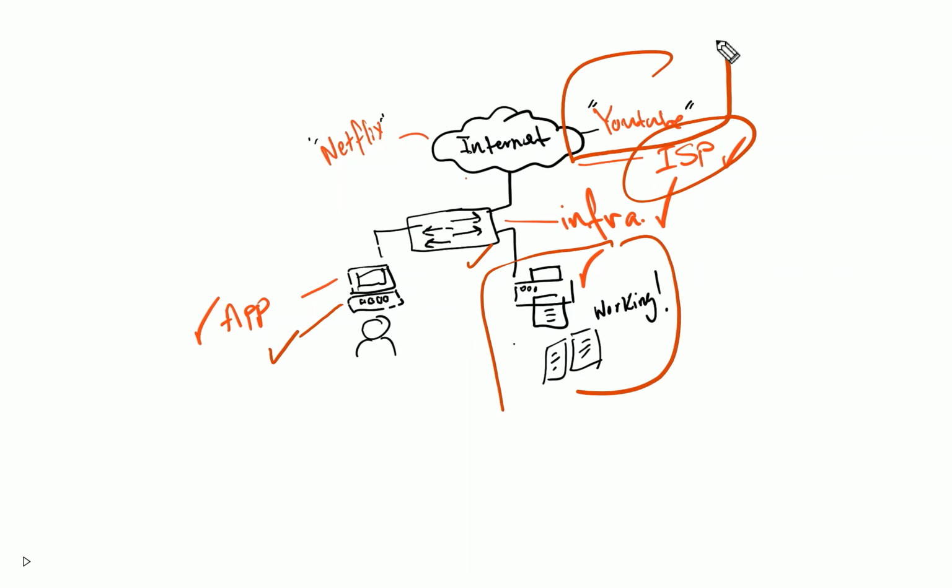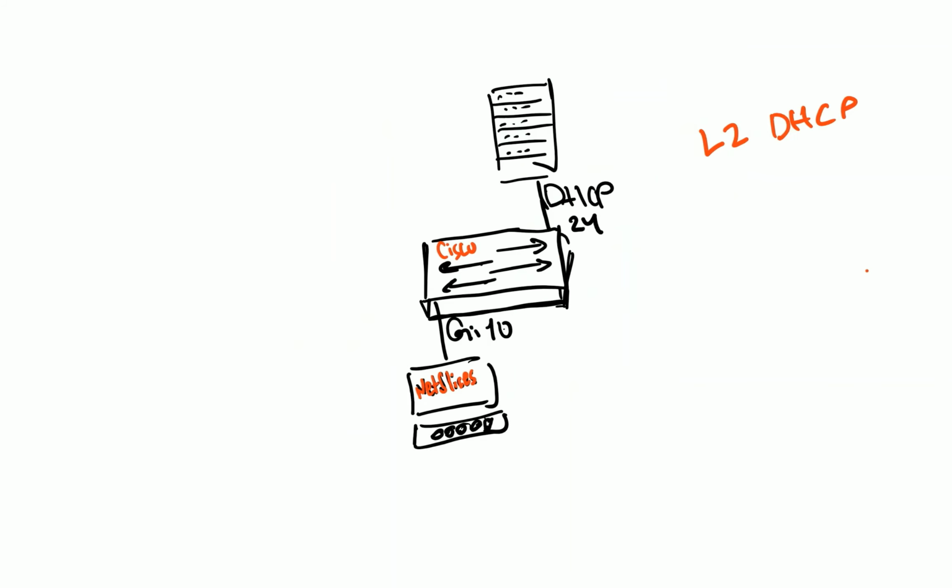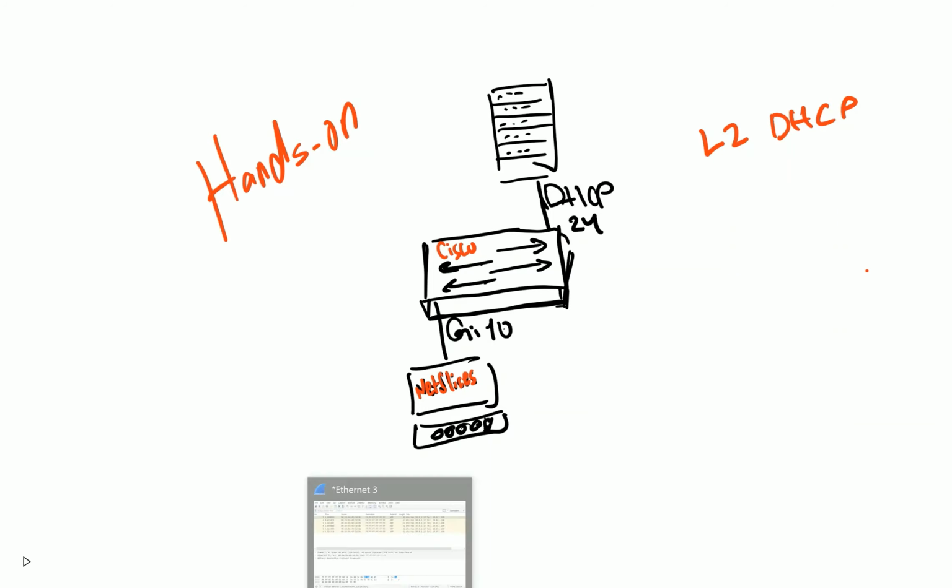So remember, it's not enough even to have an IP and other parameters. You have to have a working infrastructure, and you have to pay your internet service provider. But that's obvious. So let's get going and put some hands-on and configure this PC to be on the same network as the DHCP server.